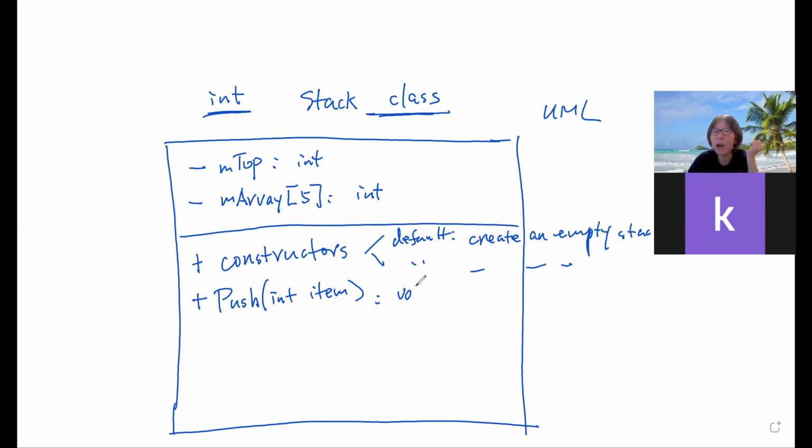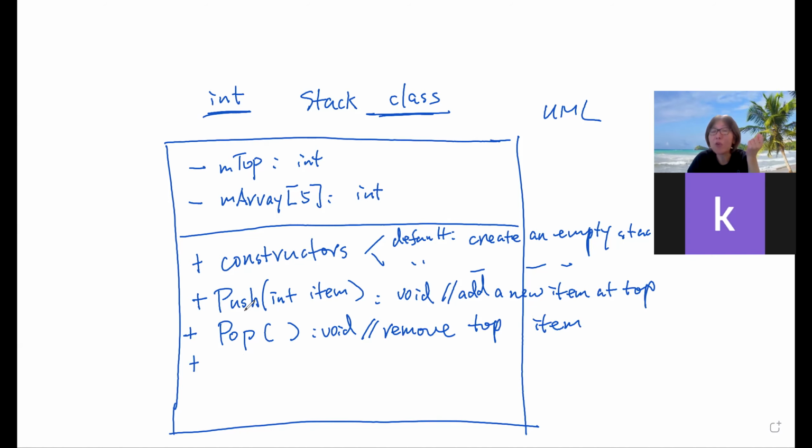Also, normally we are interested in an accessor to retrieve an item. Over here, you can only retrieve the top item, so we can provide an operation called top.